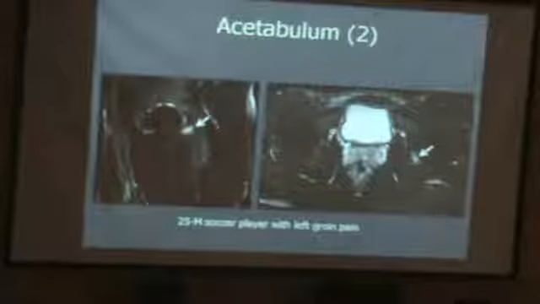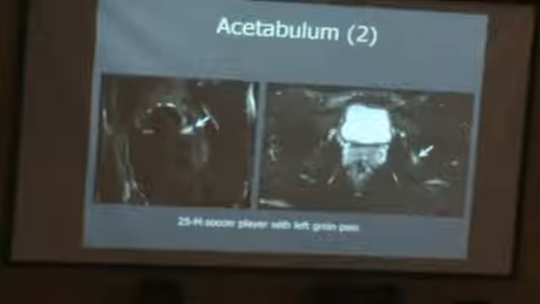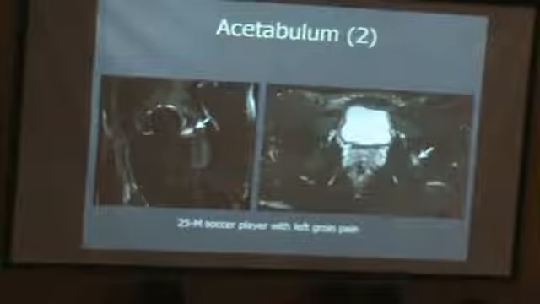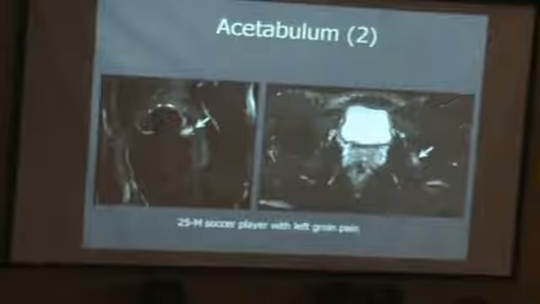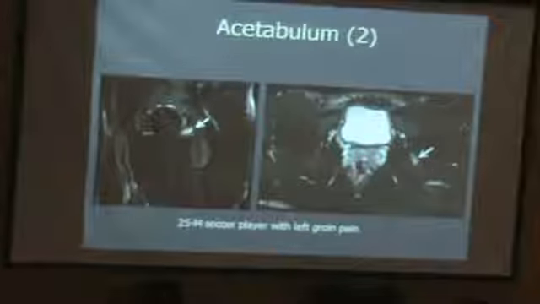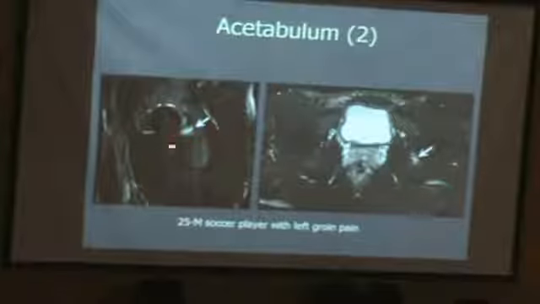Now, this is again a 25-year-old male soccer player with groin pain. So we've been looking at muscles, muscle injury on the groin. We're looking at any stress fracture. We didn't find anything, but very surprisingly, we found something at the posterior acetabulum.